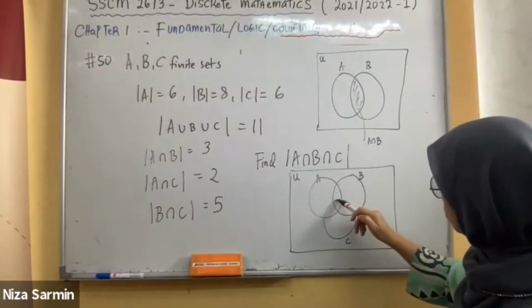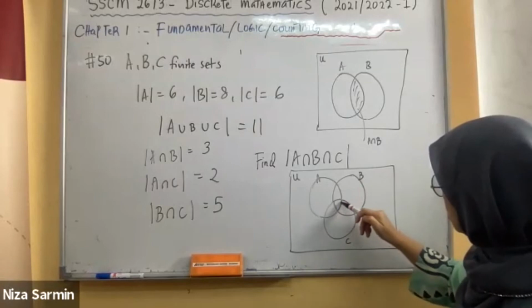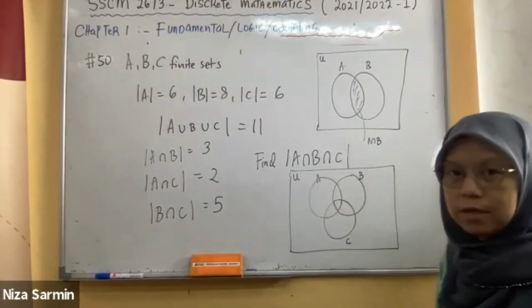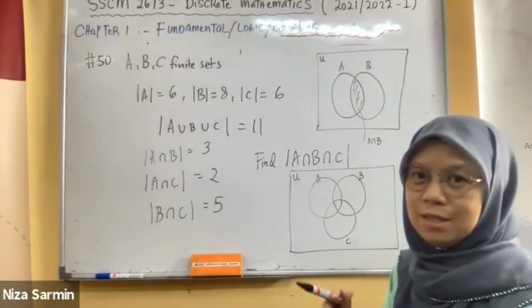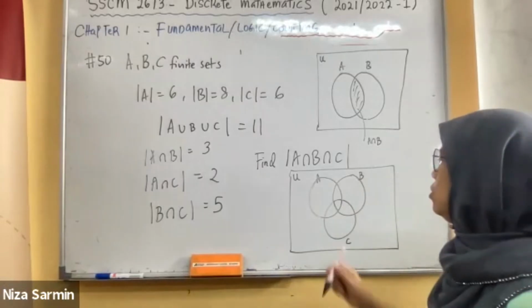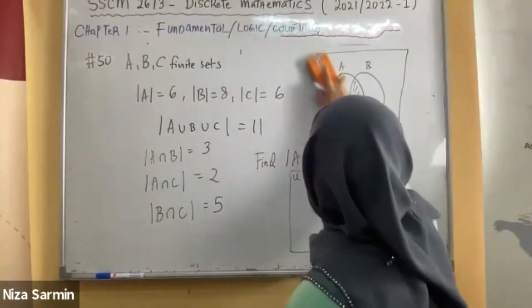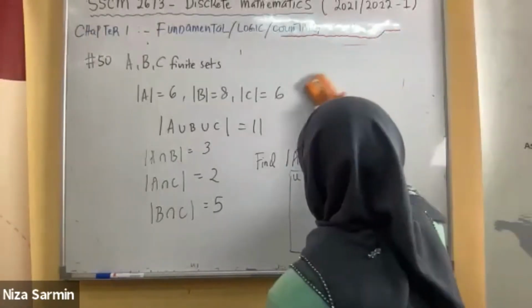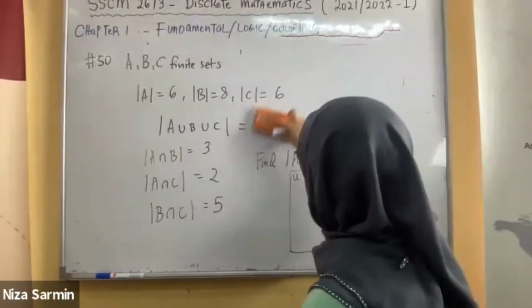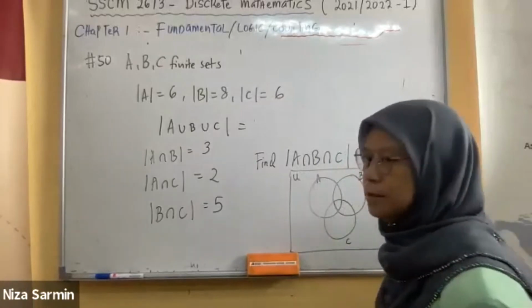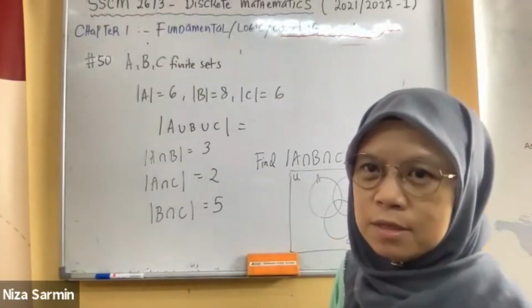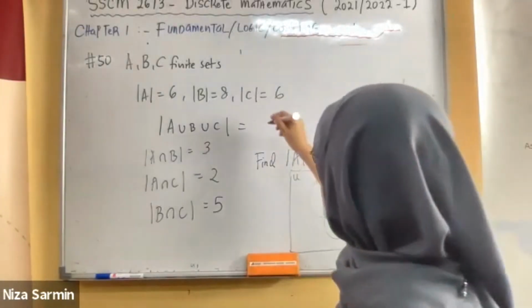So you have to subtract this twice of this, right? Because you have added 3 times. So the union of this is equal to, can somebody give me the formula? Wanna try?